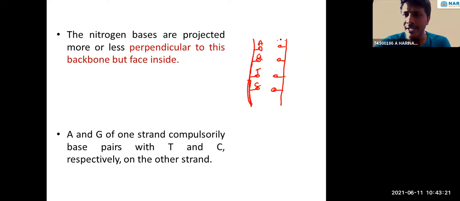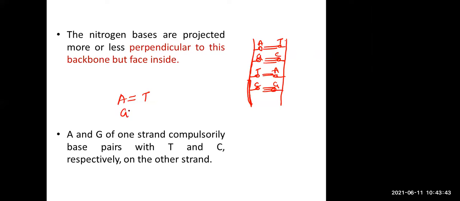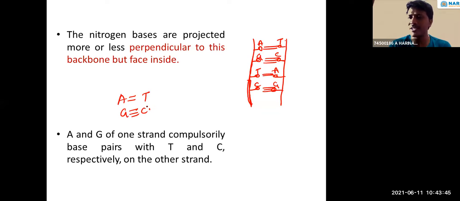Here thymine, so it forms the base pair. Adenine pairs with thymine, guanine pairs with cytosine in the DNA.